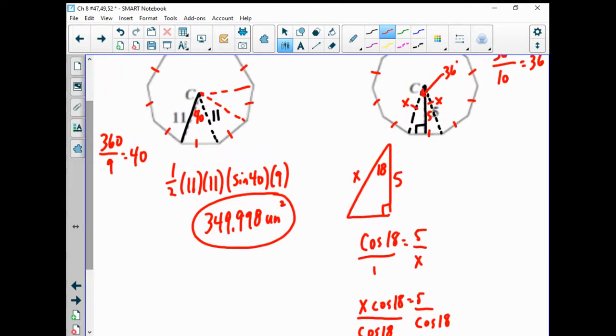All right, now we should have enough to find the area, because if this is 5.26 and this is 5.26, I can go back to my side angle side area method. So I can do half of those two 5.26s times the sine of that angle we said was 36, and then we have 10 triangles.